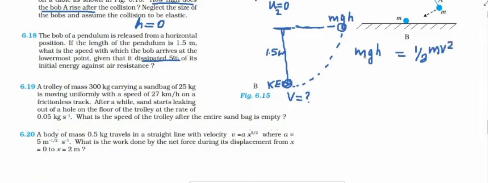But at the same time, the question says that 5% of initial energy is lost against air resistance, which means the remaining 95% of initial energy is converted to kinetic energy. So 95 by 100 into mgh is equal to half mv square. From there you can simplify the equation and you can find the value of v.